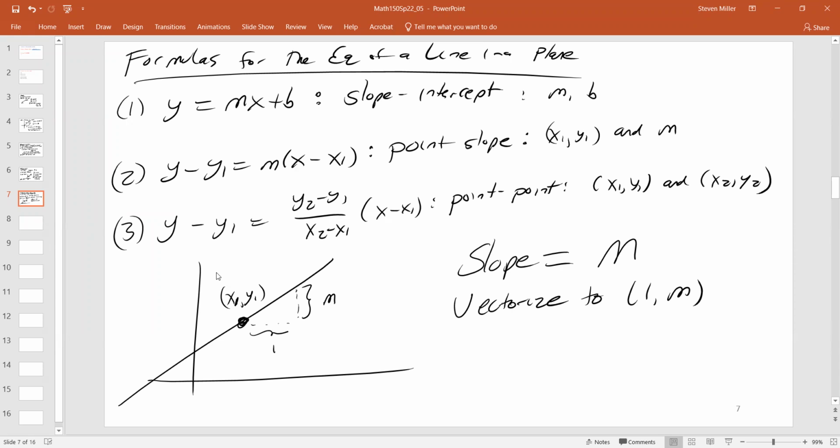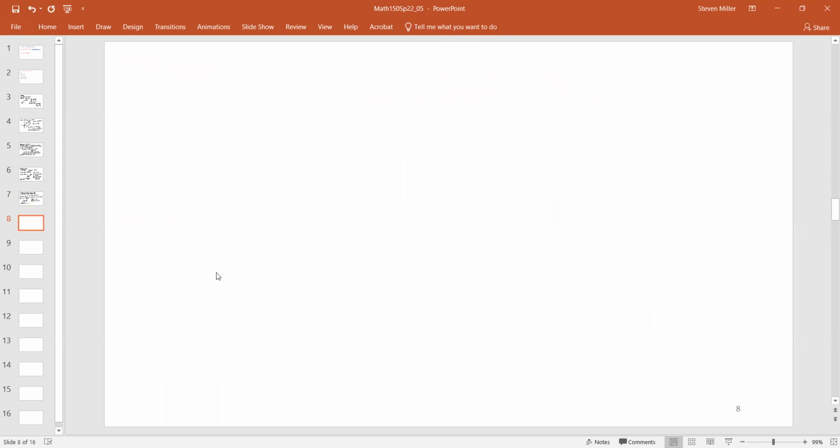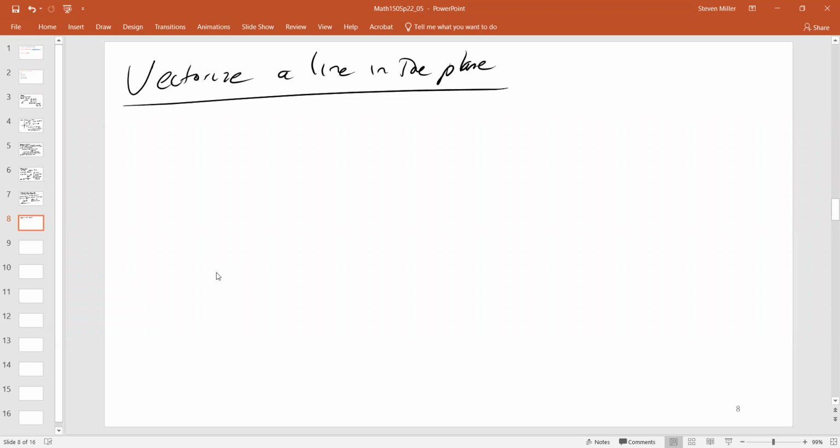And so the idea was, instead of writing the slope as just a number m, let's write it as a vector 1, m. And so now let's try to think, how would we vectorize a line in the plane? So we have a point, I'll call it v0 is x0, y0.